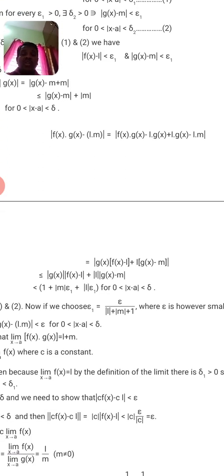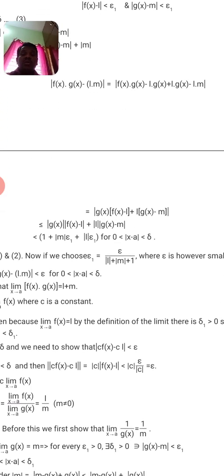On simplification here we have, modulus g(x) taken common, g(x) of f(x) minus L plus L of g(x) minus m, which is less than or equal to modulus g(x) into modulus f(x) minus L plus, by the modulus property, modulus L into modulus g(x) minus m.